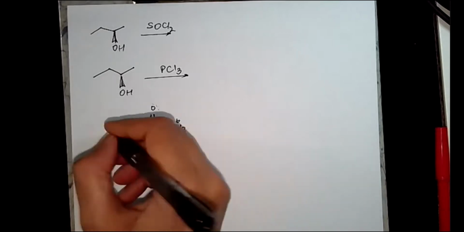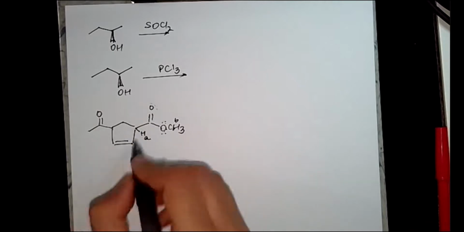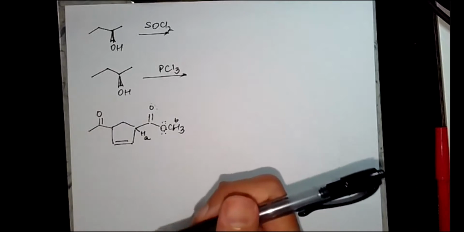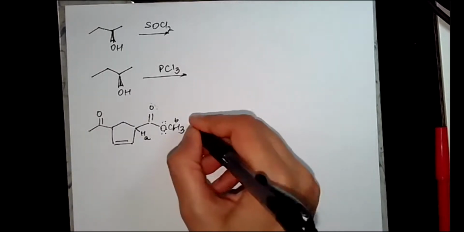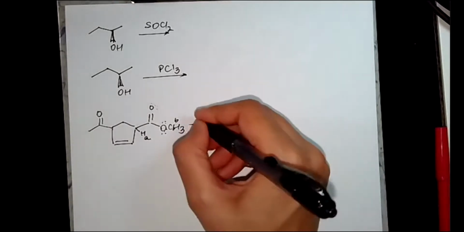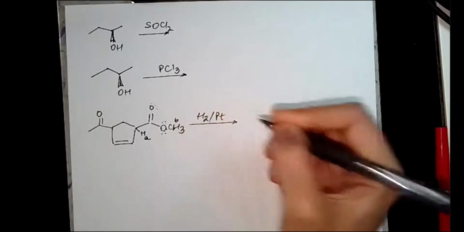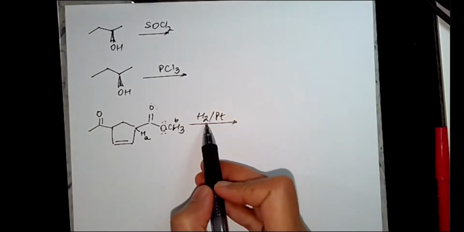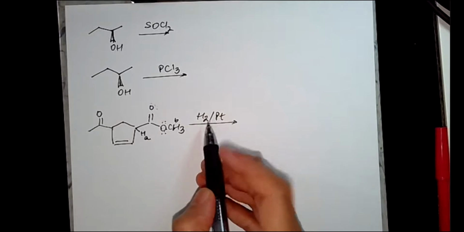So let's say I have a setup like this. This is the ester, and this is my ketone. Can you all recognize the ester, the alkene, and the ketone? So what would be the product if I use hydrogenation method?